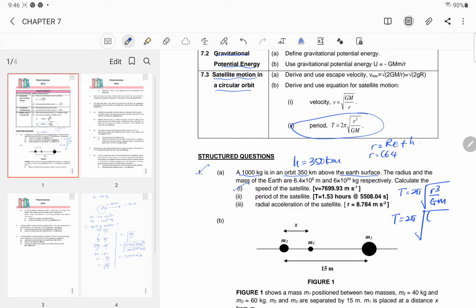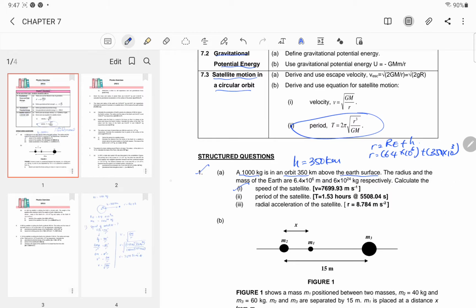So 6.4 times 10 power of 6 plus 350 times 10 power of 3, cubed. Okay, I can't see it there, so I will use a bigger space.